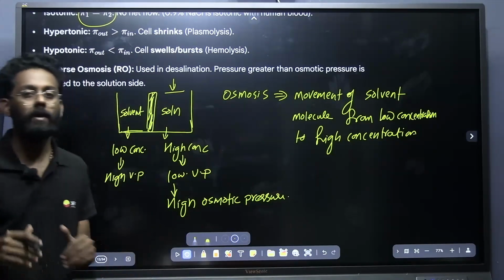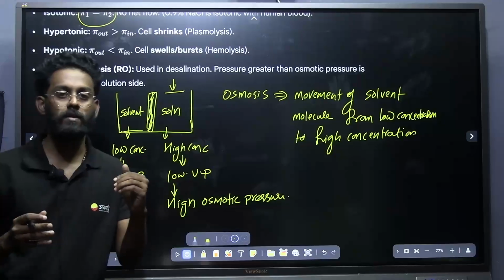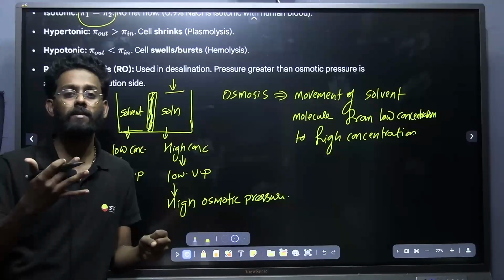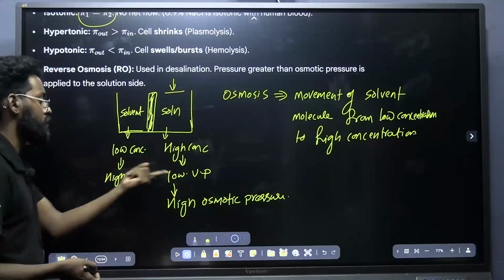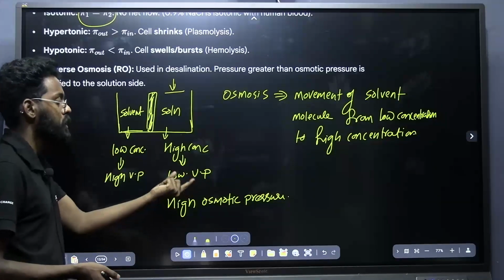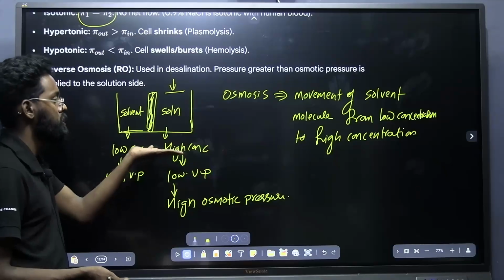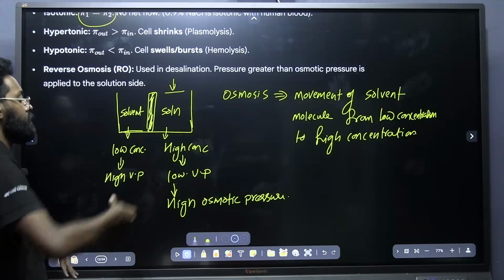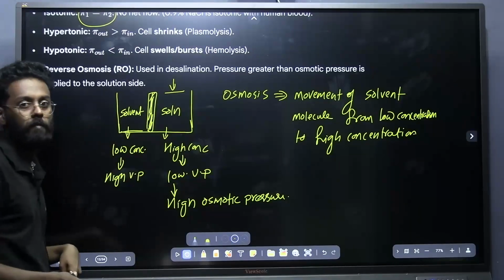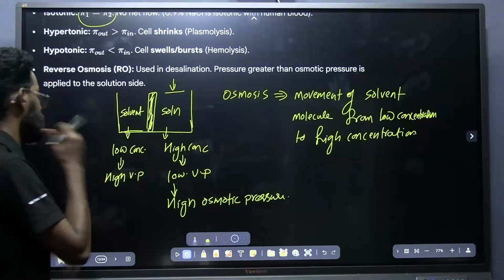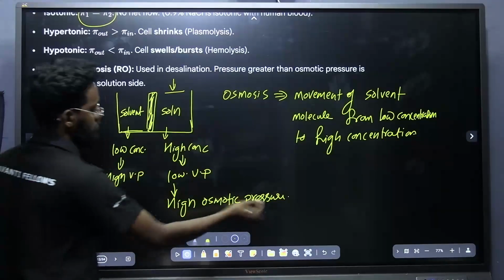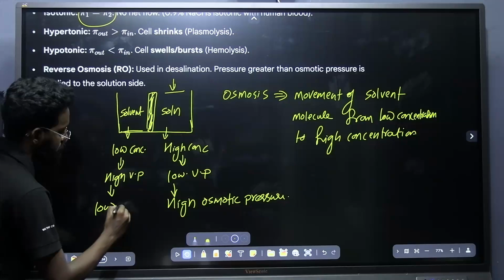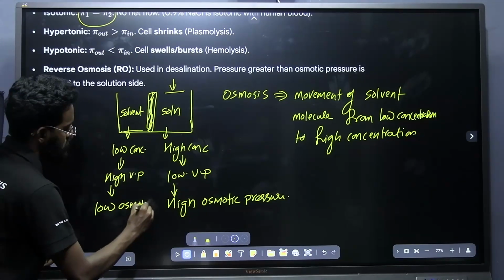That is, any solution which has higher concentration, which means it has more solute particles, will have the highest osmotic pressure. Why? Because it will have low vapor pressure. So we have to increase this vapor pressure to equal the vapor pressure of the solvent. For that we have to give more pressure. That more pressure required to stop the flow is the osmotic pressure. And this will have low osmotic pressure.